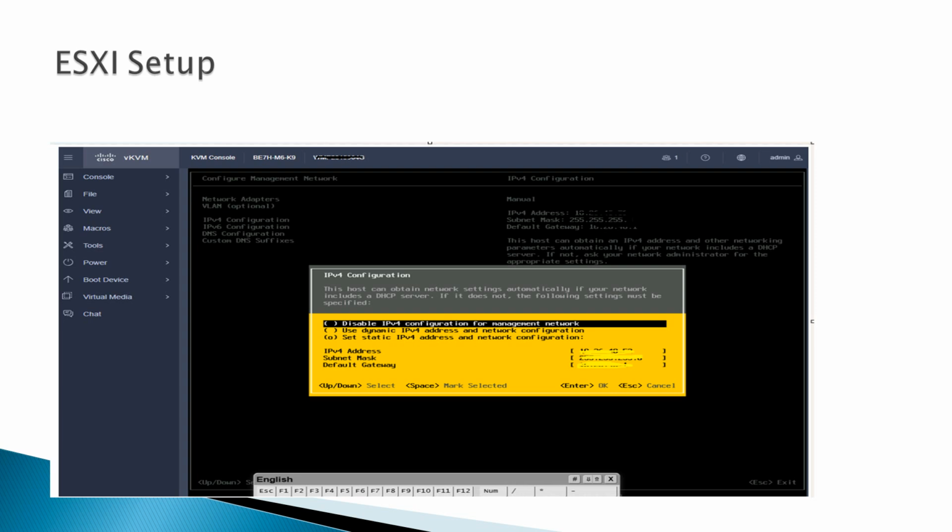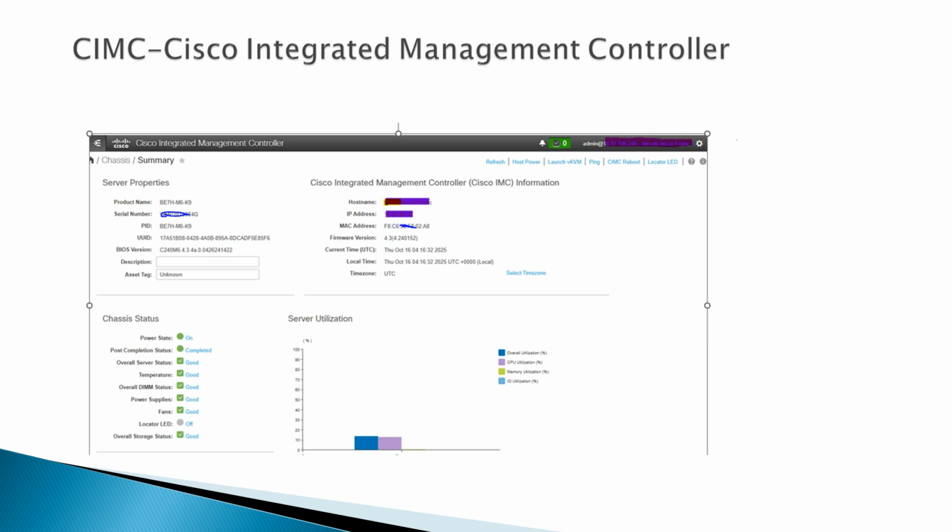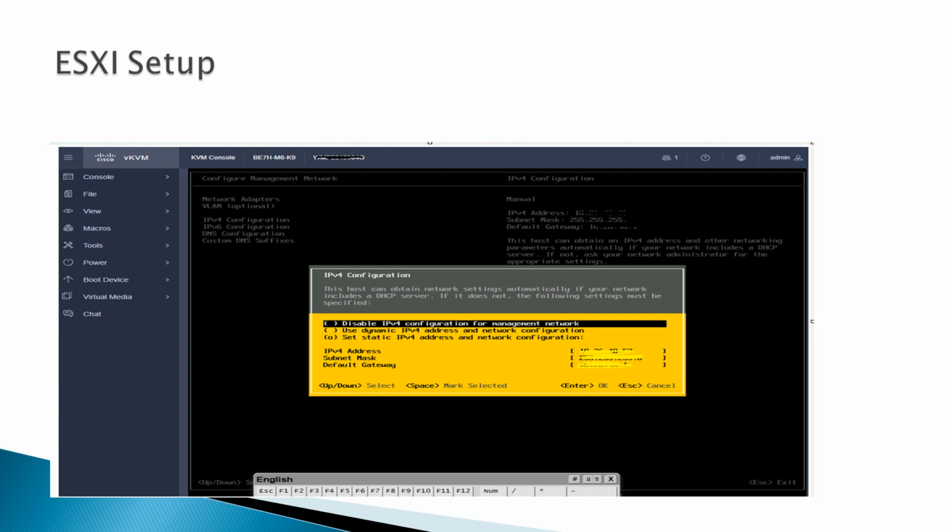So mainly in this session you must be aware of a few things of the UCS server, right? Like what type of hardware you have in your environment, what the ports and hardware are inside that UCS server, how the CIMC looks like, and what tasks you can do, like you can launch the KVM, ping any networks, or reboot CIMC if needed, and then the ESXi setup, how you can do that.